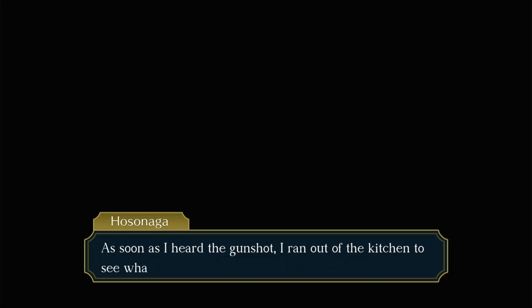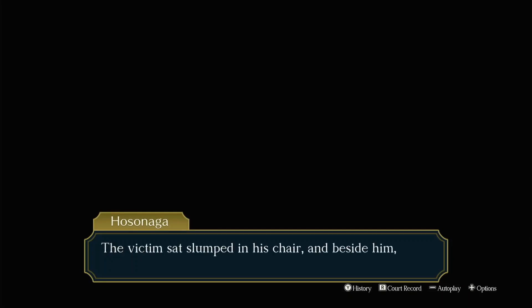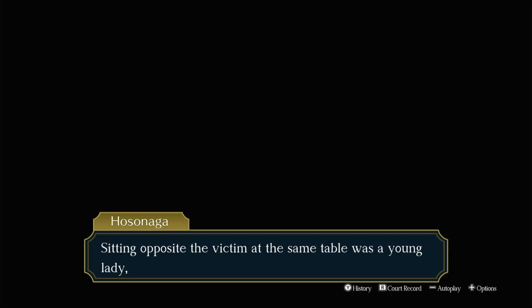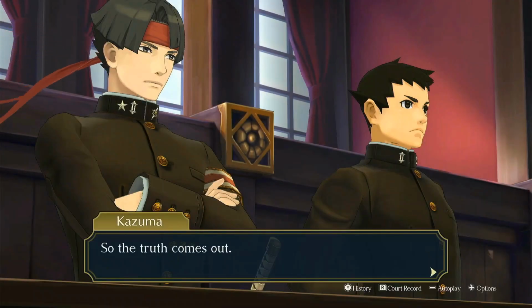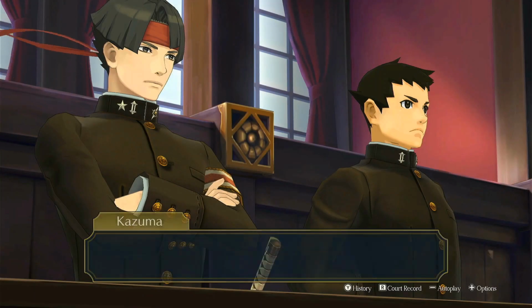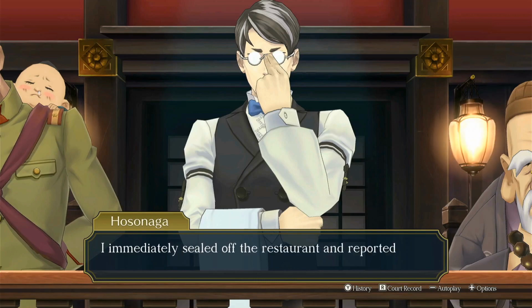As soon as I heard the gunshot, I ran out of the kitchen to see what had happened. The victim sat slumped in his chair, and beside him, gun in hand, stood the accused student. Sitting opposite the victim at the same table was a young lady, whom I guessed to be an Englishwoman. So the truth comes out. I immediately sealed off the restaurant and reported the incident to the Bureau.